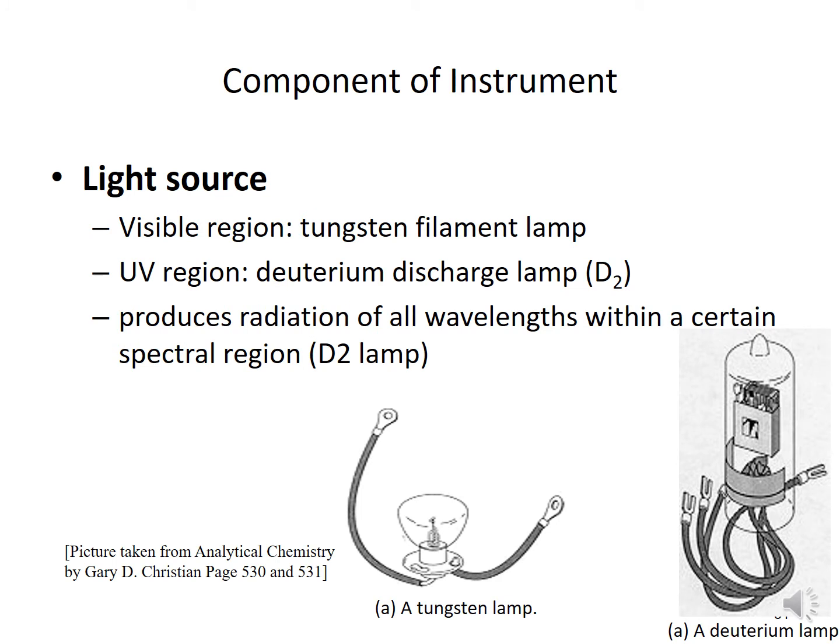Okay, so now let's look at the components of the instrument. First is the light source. For the visible region, we will use a tungsten filament lamp, and for the ultraviolet region, basically we will use the deuterium discharge lamp.